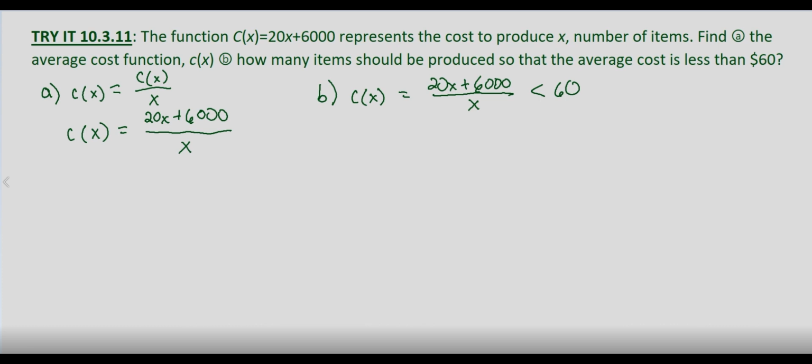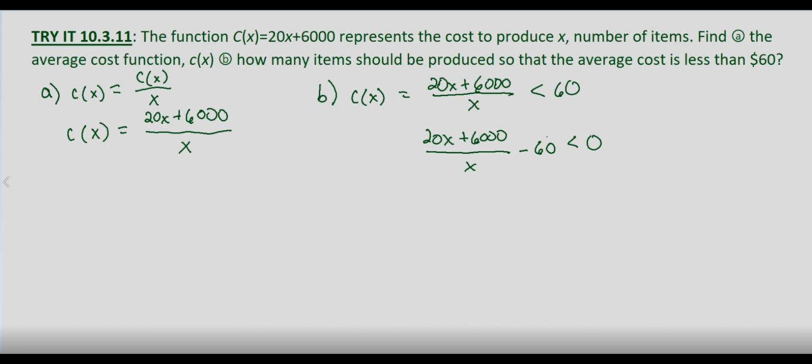So how do we go about solving this? Well, the same way we have every problem throughout this section. Subtract 60 from both sides, and we get 20x plus 6,000 over x minus 60 is less than 0. So we have everything over on the left-hand side.